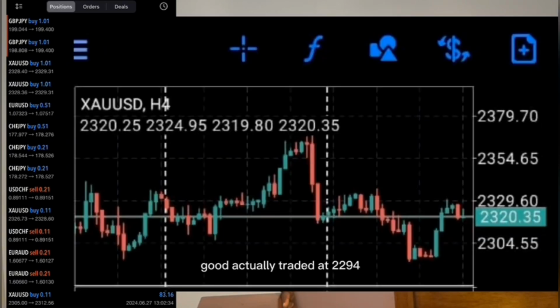Gold actually traded at 2294, which was a low, and we saw that as an area of value where we could buy. We took that opportunity and bought at about 2305, and took our profit at about 2313, as you can see on your screen.